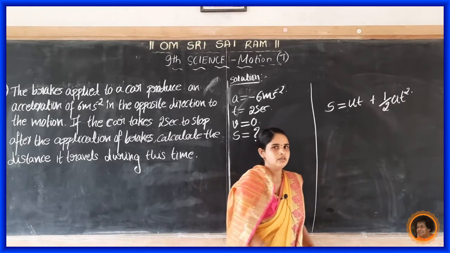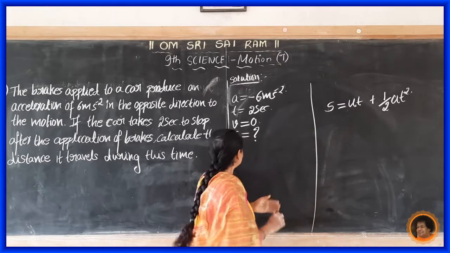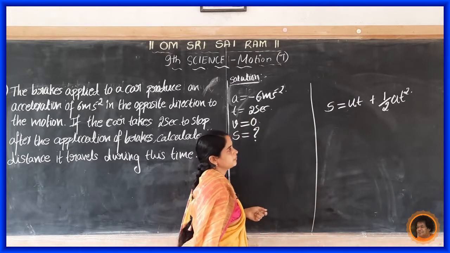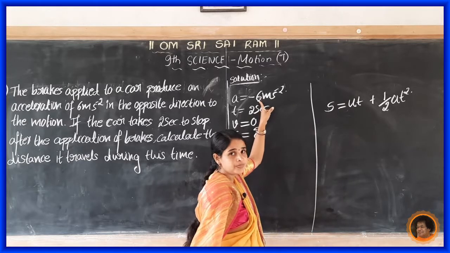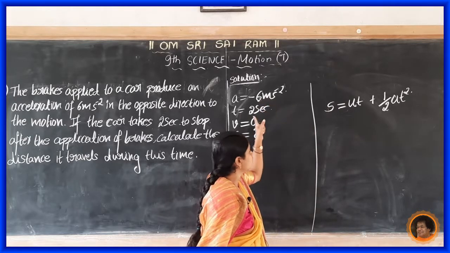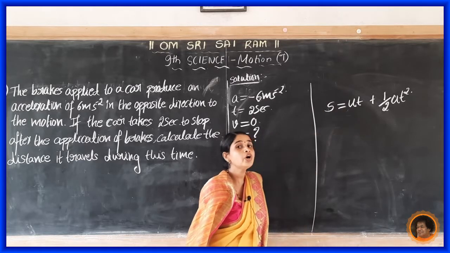In the data here t is given, t equals 2 seconds. Then half is a constant. Acceleration is also given. But here u, the initial velocity, is not given.